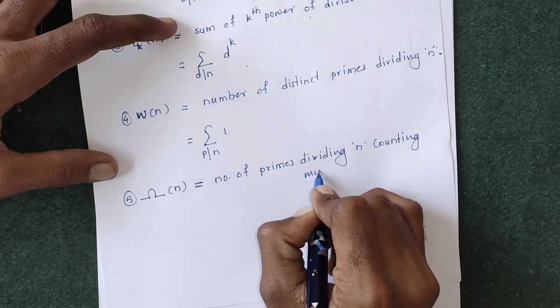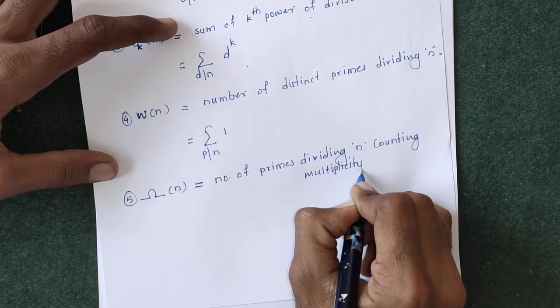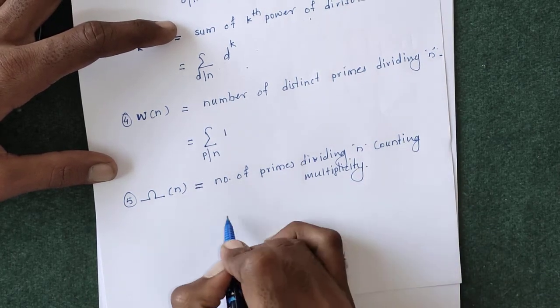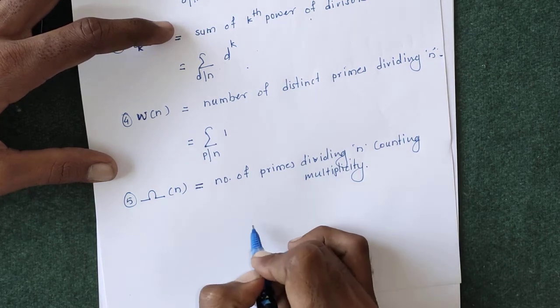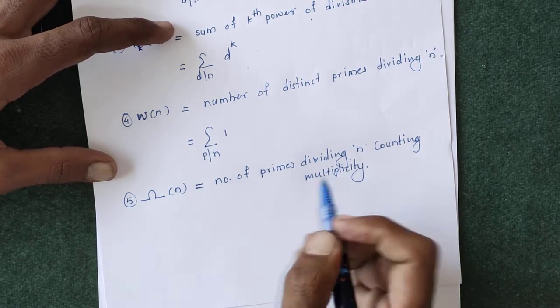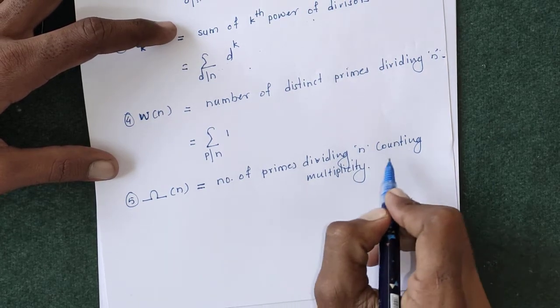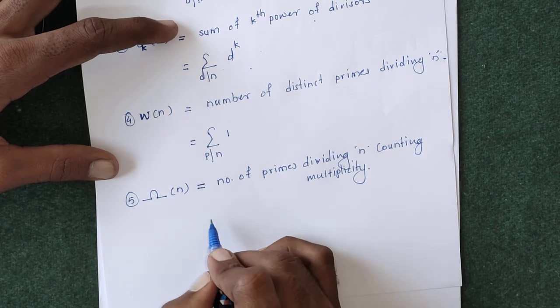If any prime occurs twice, suppose 2 is a divisor and again 2 is a divisor, so any number can be written in the form 2 square into 5 into some other number, then 2 occurs 2 times, so we have to count the multiplicity and add that number.